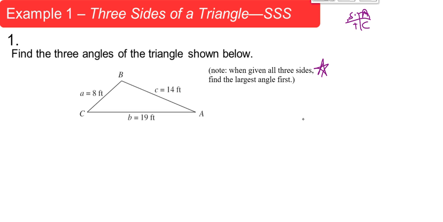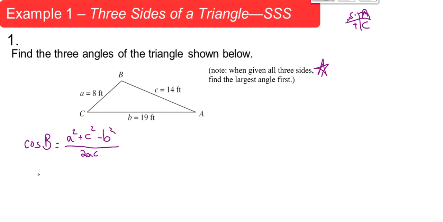And truly, it doesn't matter which side we have, but let's think about this, and we'll use the version that says cosine B equals a squared plus c squared minus b squared all over 2ac.